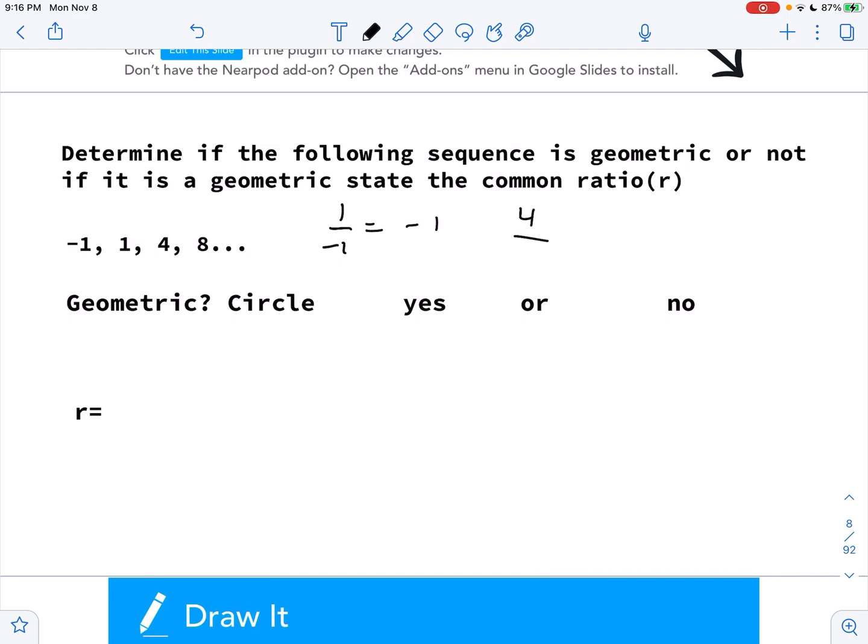And 4 divided by 1 is 4, right? But that's not -1, so it's not a common ratio, right? The second term divided by the first term is -1. But the third term divided by the second term is 4. So, no, it's not geometric.